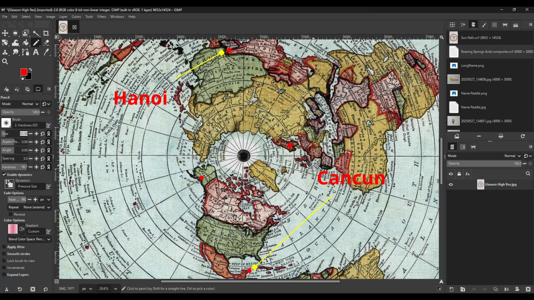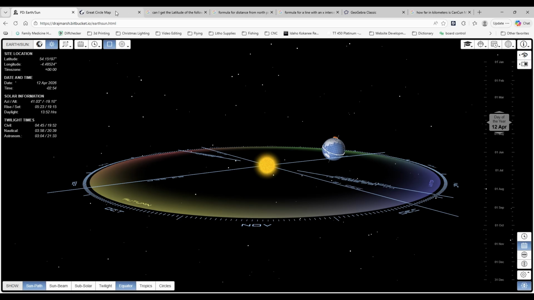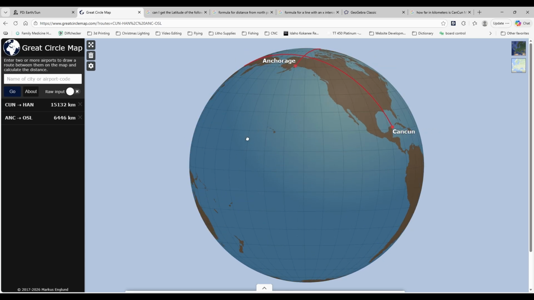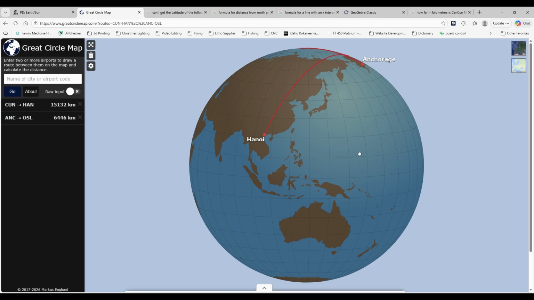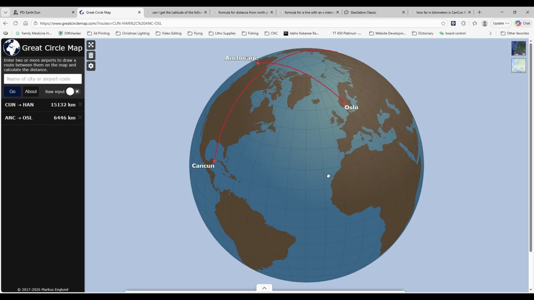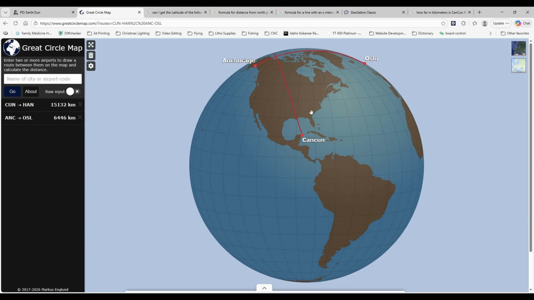Those pairs are all equal in latitude, roughly. And if you want to look at a globe type view, you can see here's Cancun. Follow the latitude across, there's Hanoi. Anchorage is there. Follow the latitude across, it's there. So you can see that they are pretty much similar.